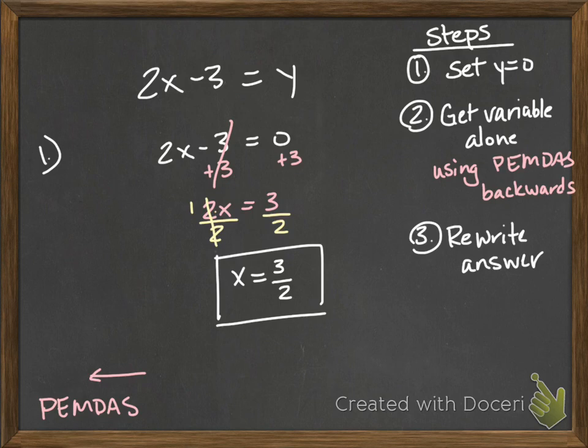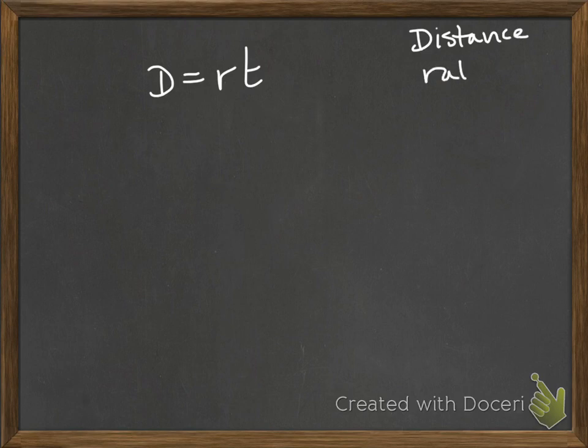We're solving equations. A real quick note on this. If you only had letters, let's say distance equals speed times time, R being rate of speed. So that's my basic formula, distance equals rate times time.